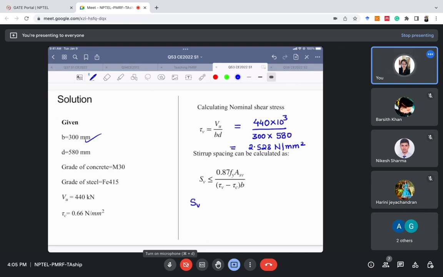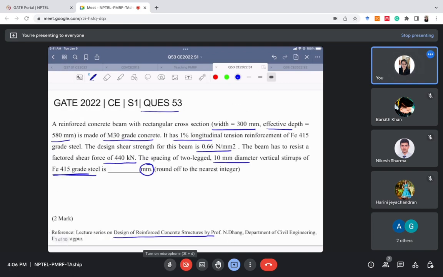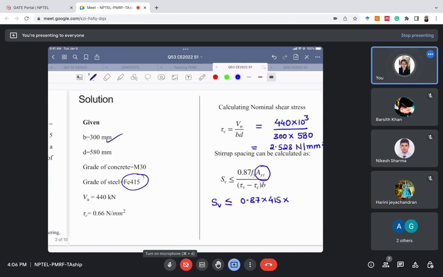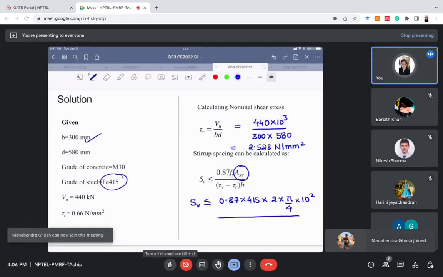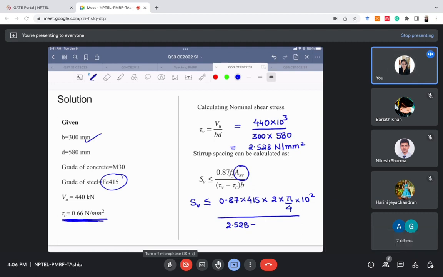So the spacing of stirrup can be calculated using the formula 0.87 fy, where fy is given in this case as 415, times the area of stirrups, divided by tau v. The area of stirrups: it is a two-legged stirrup with diameter 10 mm, so the area will be twice of pi by 4 d square, with d equal to 10, divided by tau v, which we have calculated as 2.528, minus the shear stress carried by concrete, which is 0.66, multiplied by b, which is 300 in this case.